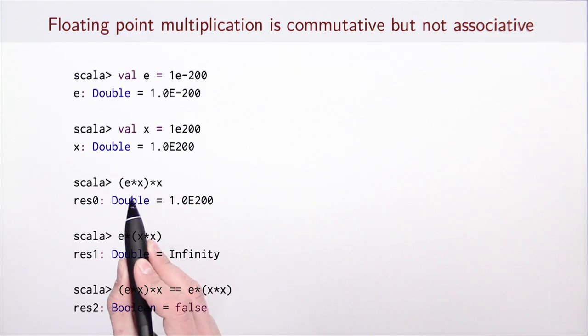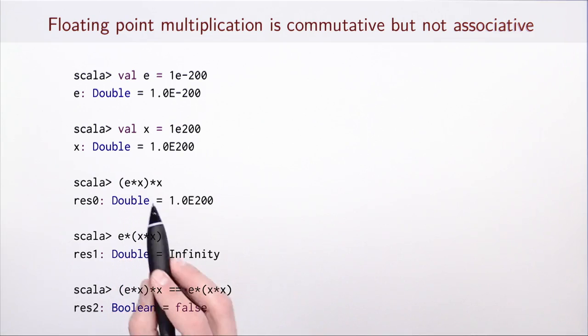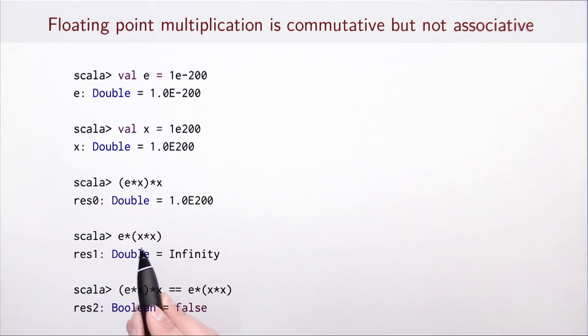Then e times x is in fact 1, and when we multiply it by x, the result is x, which is a very large number. On the other hand, x times x is not representable at all because it's too large, so the result is infinity. Now, floating point defines rules for how to compute with infinities, but certainly the resulting equality does not hold.